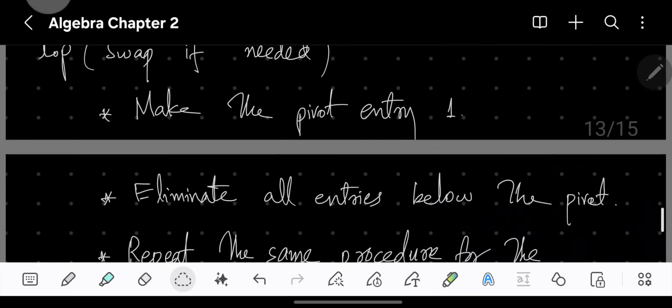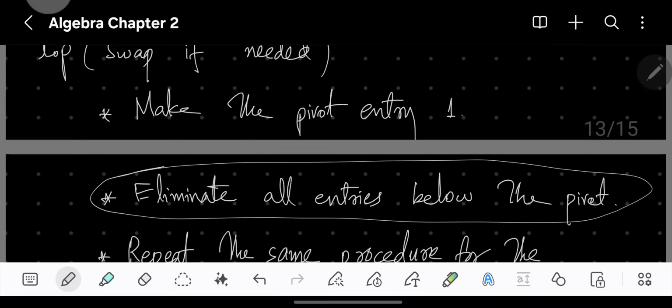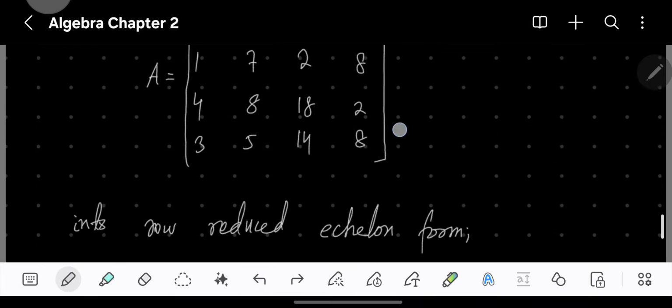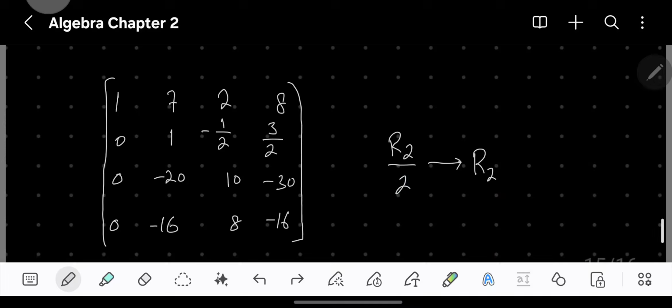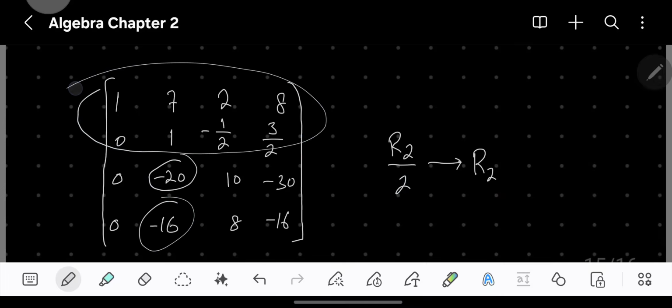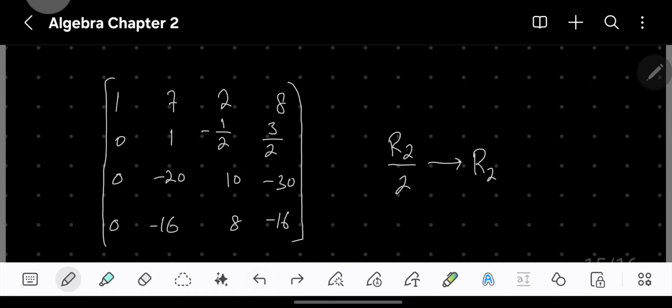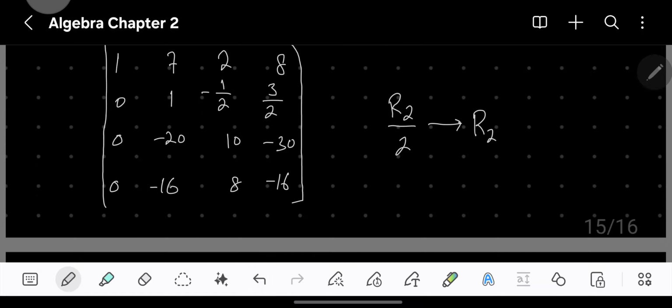The next step is, once we have made the pivot entry 1, we have to eliminate all the entries below the pivot. Now we will eliminate these 2 entries. In other words, I will make here 0 and here 0, so the top 2 rows will be unchanged. Now how will I make this 0?